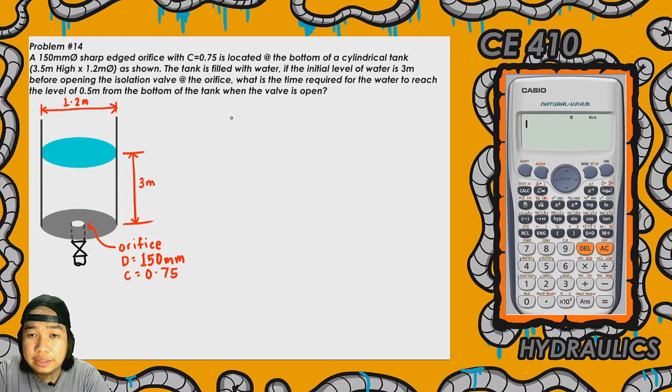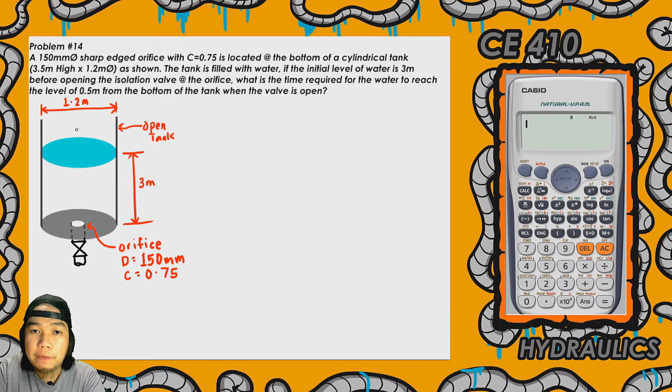So let's understand the problem first. So meron tayo dito ang open tank. Since open yung tank natin ay wala tayong any input gauge pressure dito sa loob ng tanke. So yung height daw nung mismong tank is 3.5 meters at yung diameter ng cylindrical tank is 1.2 meters.